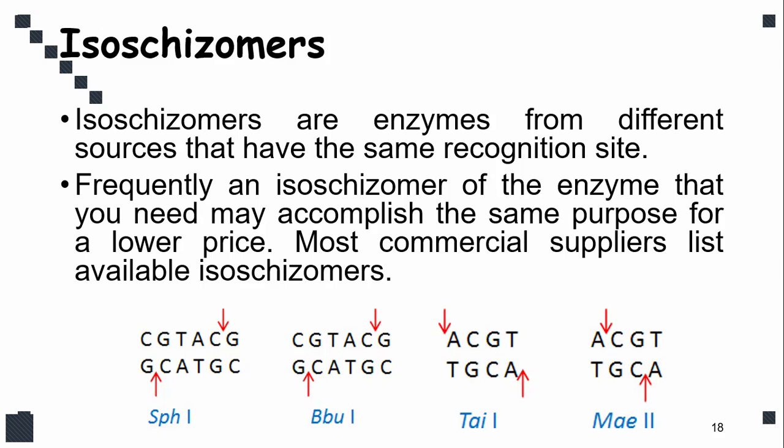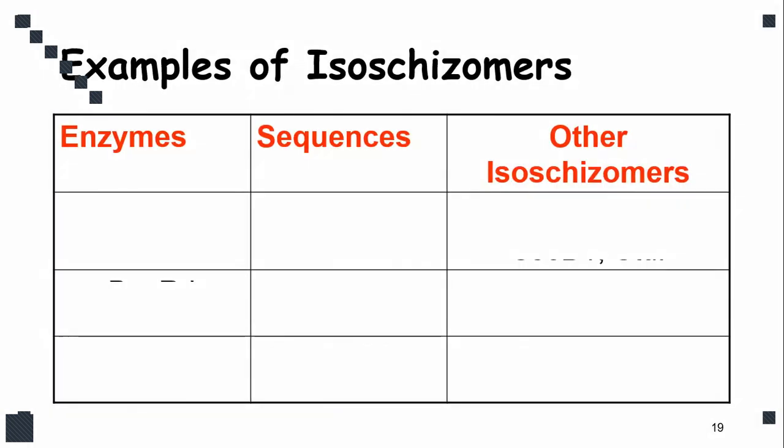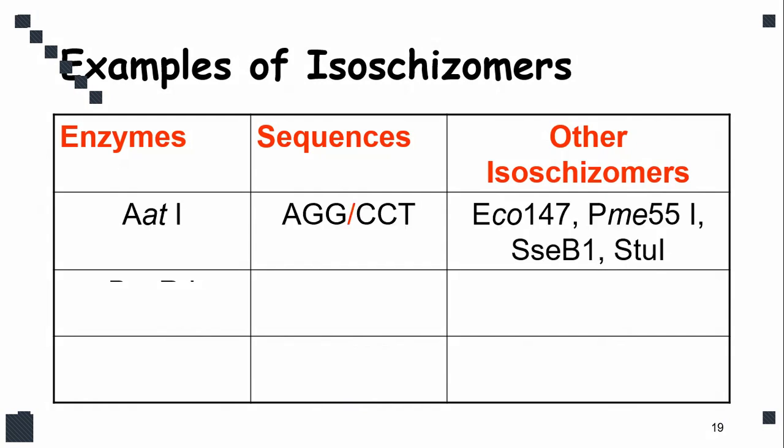So you can actually have some of those kinds of classifications represented in this particular table. ArtI can recognize the sequence, but it also has isoschizomers: EcoICRI, PmeI, SspI, and then StuI. This enzyme will recognize that.